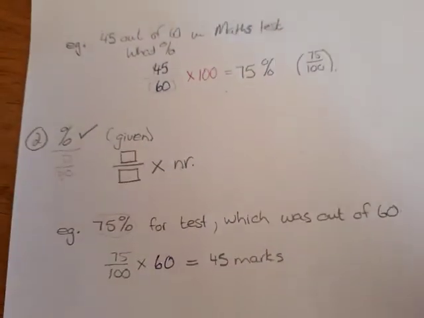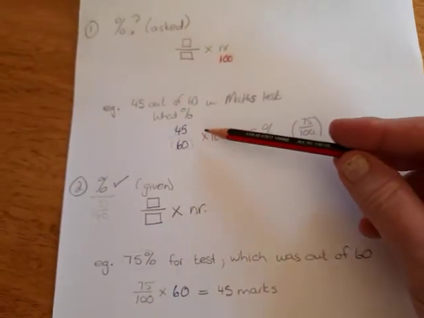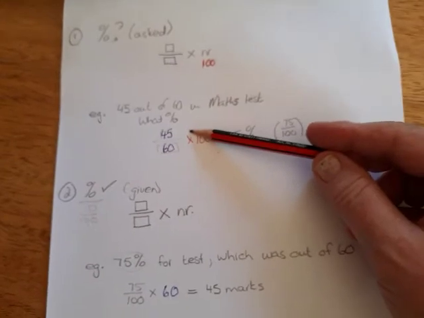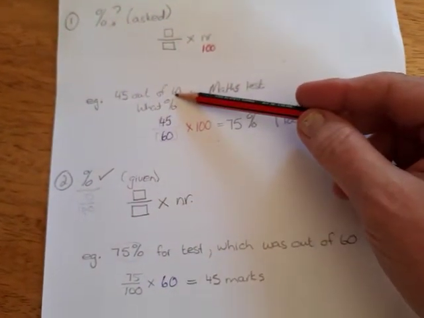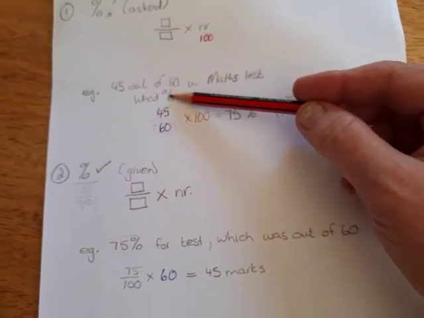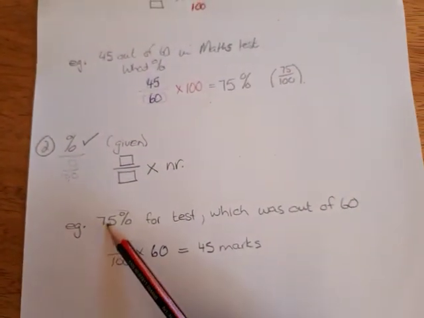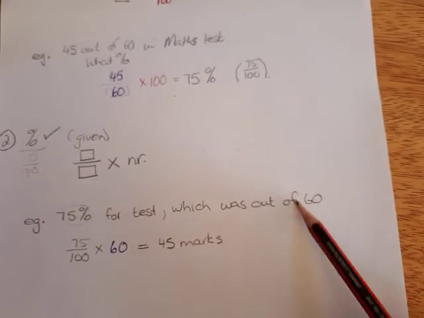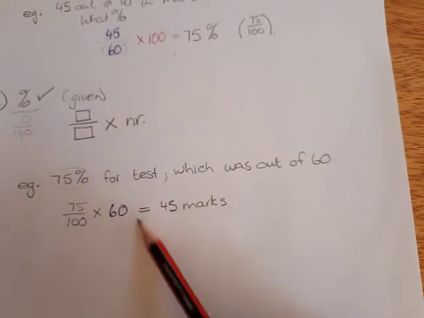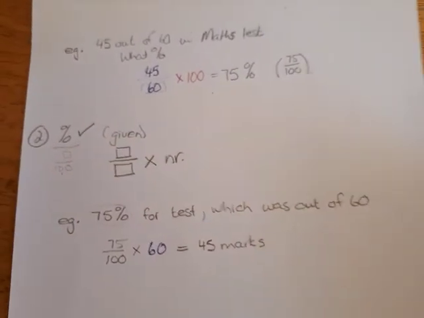Okay, and if you now compare 1 and 2, they are exactly the opposite. Here, the mark is given, out of 60, and the percentage is asked. Here, the percentage is given, and in a test out of 60, how many marks would you get? So that is number 1 and number 2.